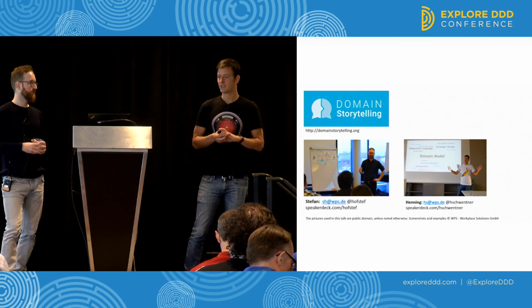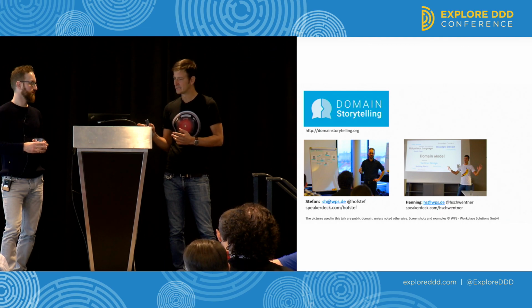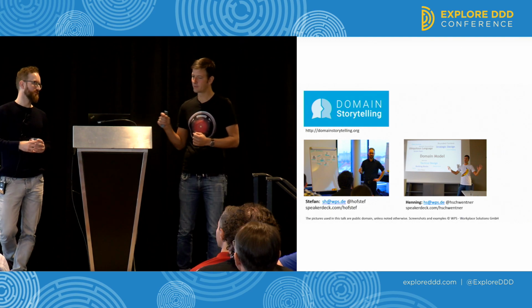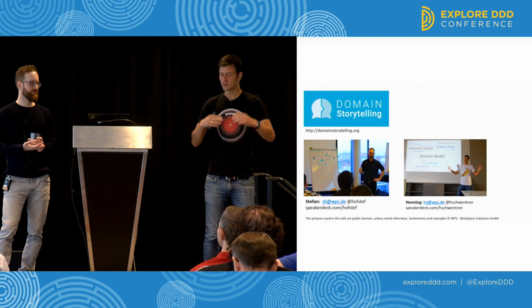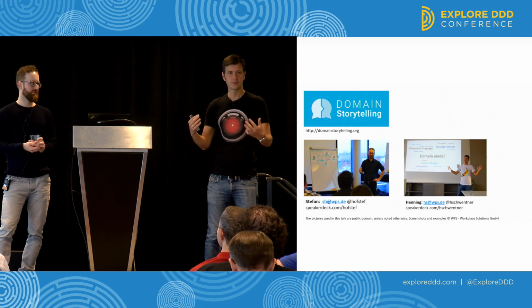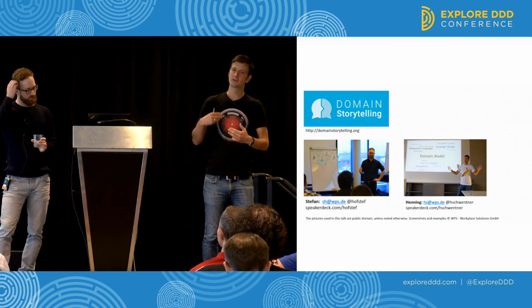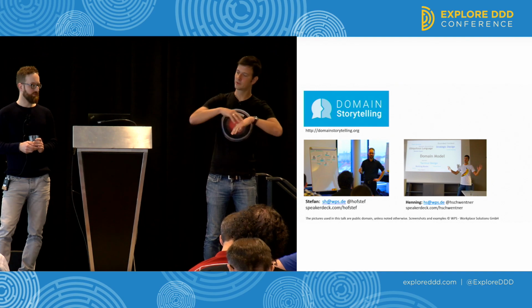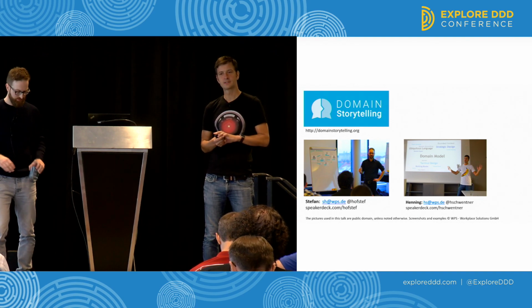There we used the cinema domain. We don't have a picture of that, but there it also works. So what do we do in the cinema domain? We see what is happening when you go to the movies and watch a movie. And also there you can do a big picture, or coarse-grained, domain story.